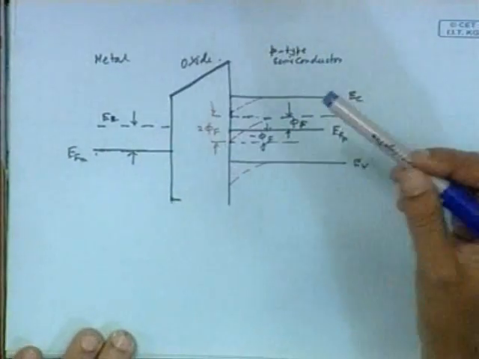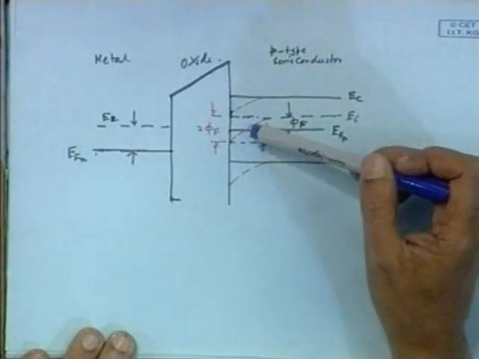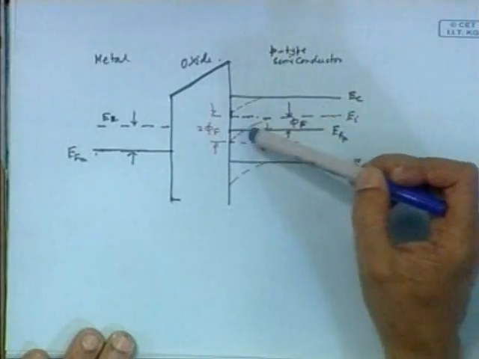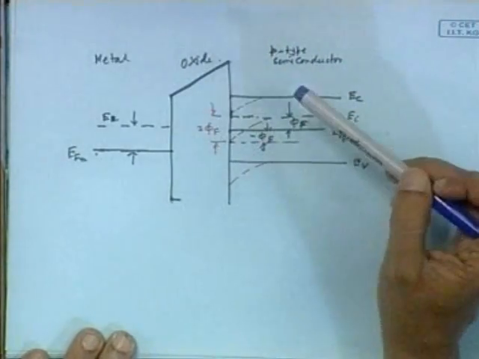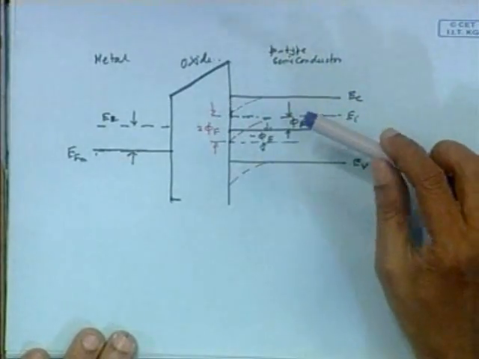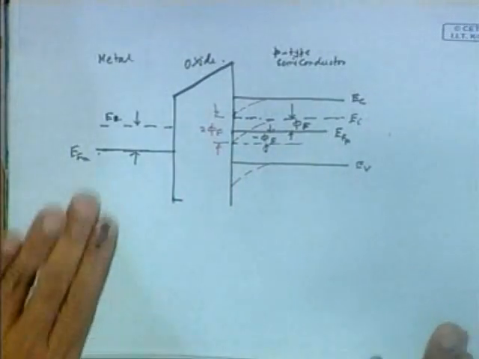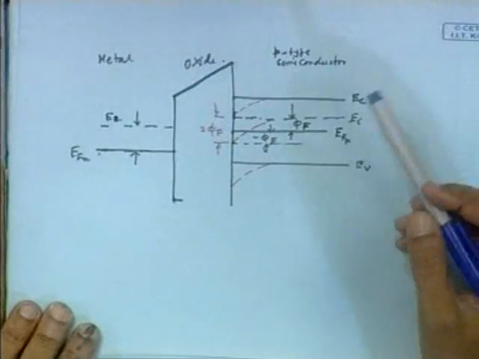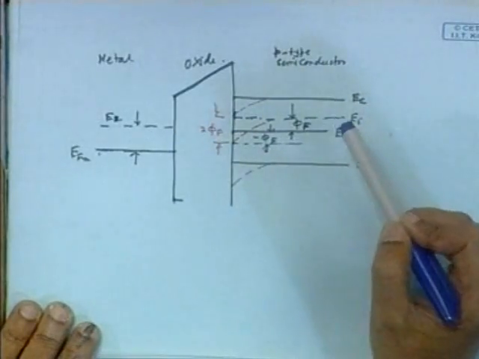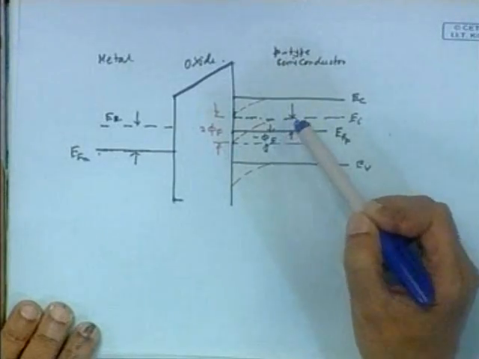Initially, when no bias is applied, there will be slight bending near the oxide layer of the Fermi levels, because when you combine all three materials, the metal, oxide and the semiconductor, the initial Fermi level must be the same across. So there will be some bending, but not enough. There will not be enough electrons in this region at all.